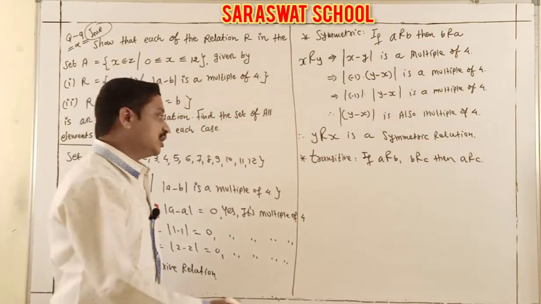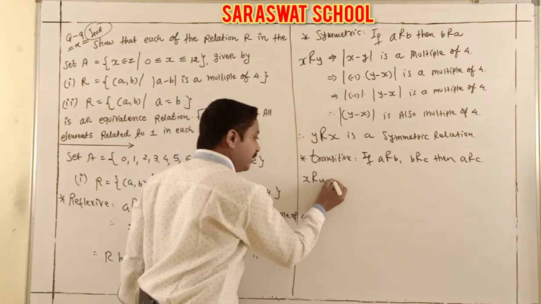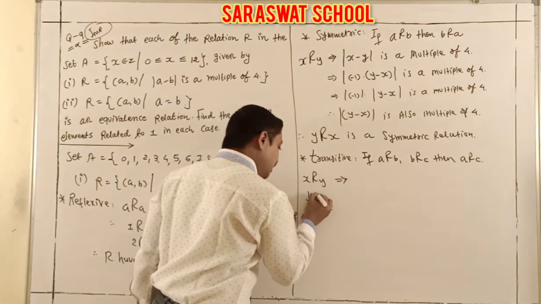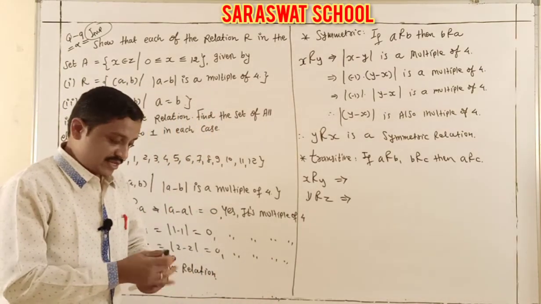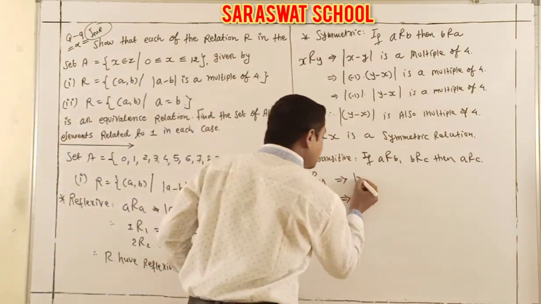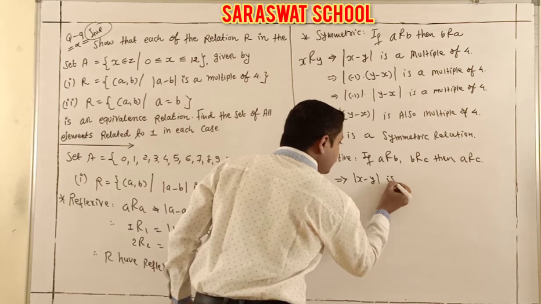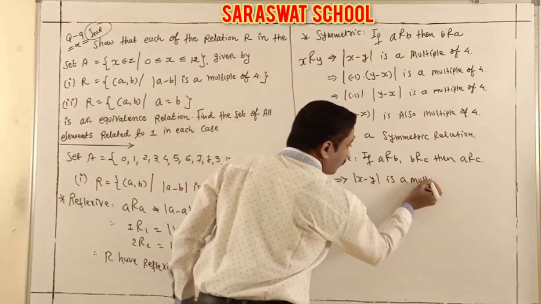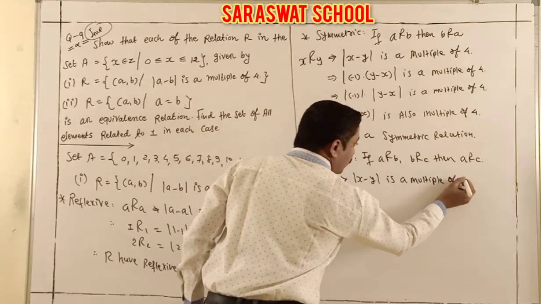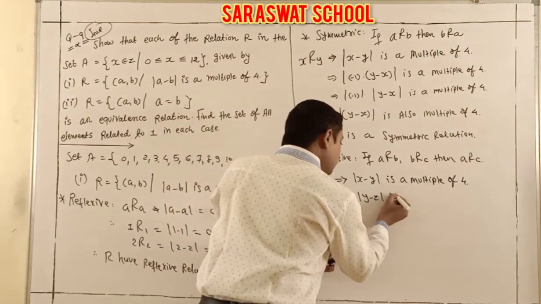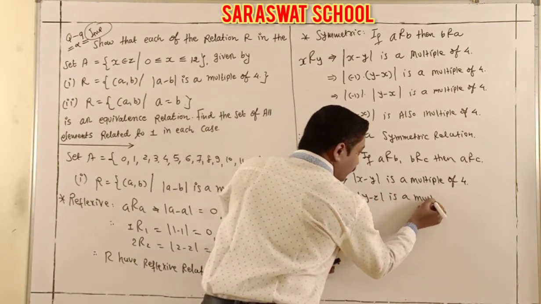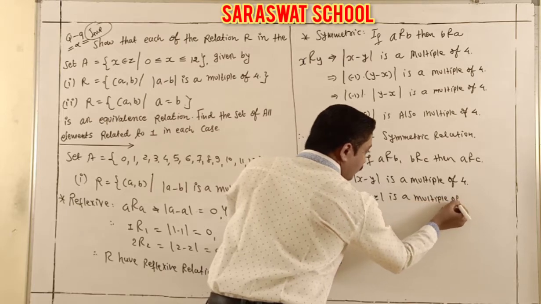So in general I take x related to y, after that y related to z. What is x related to y? Yes, |x minus y| is a multiple of 4. Same here, |y minus z| is a multiple of 4.